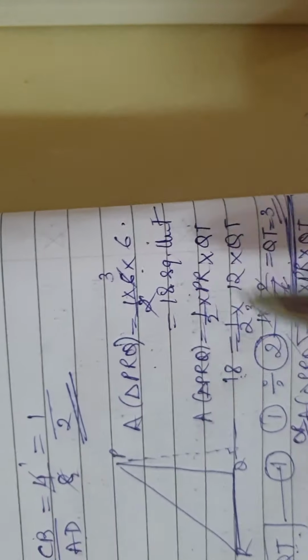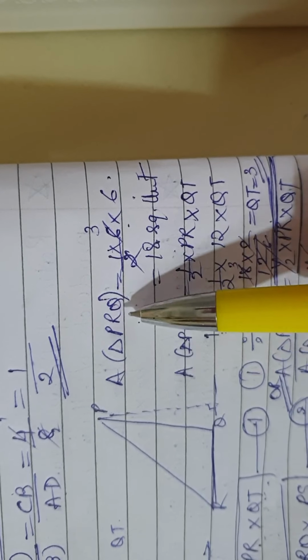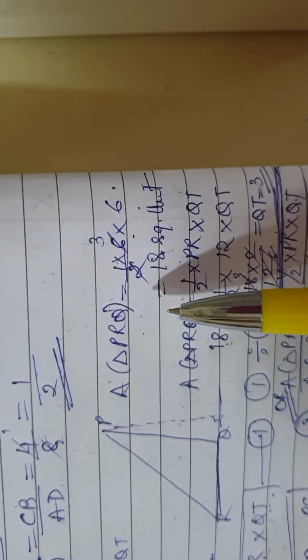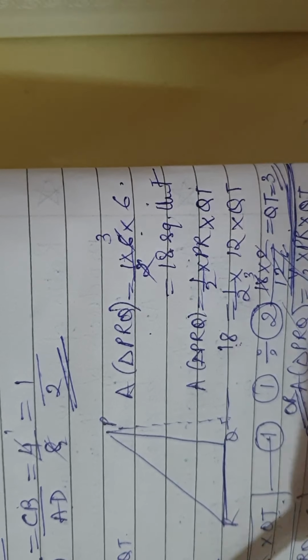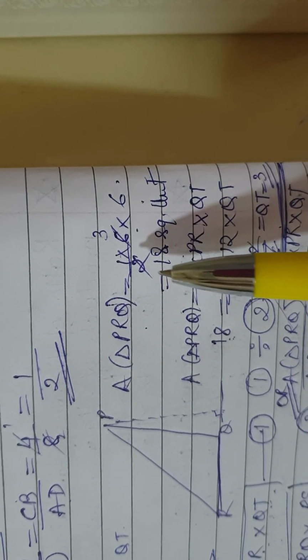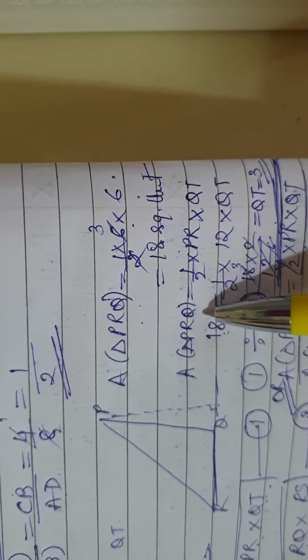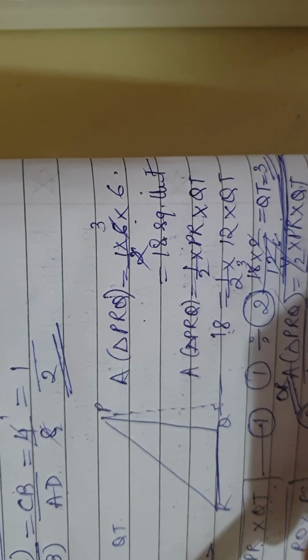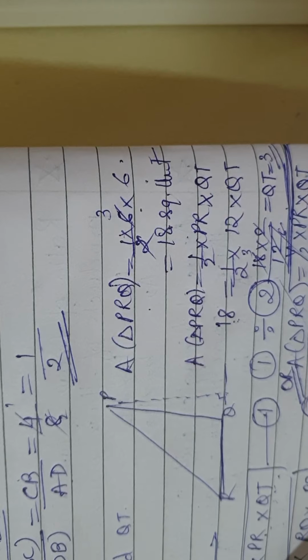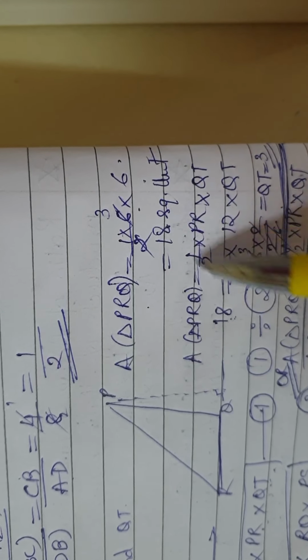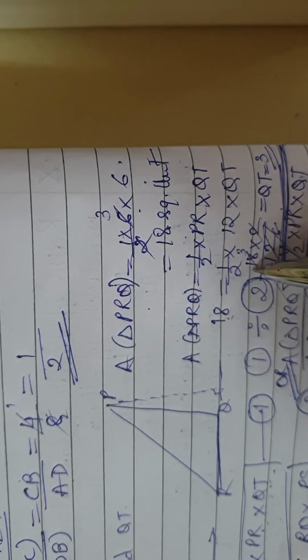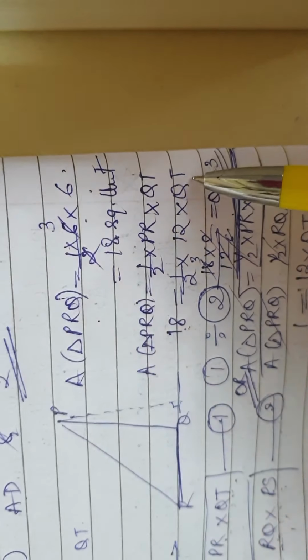If you use that method, I've done it here, a little complex. Area of triangle PRQ: I've taken the base as RQ and the height as PS. So it is half into 6 into 6, which is 18. So keep it with you. Then again the area of the triangle where I've taken the base as PR and the height as QT. So using the area from above, 18 is half into 12 into QT.